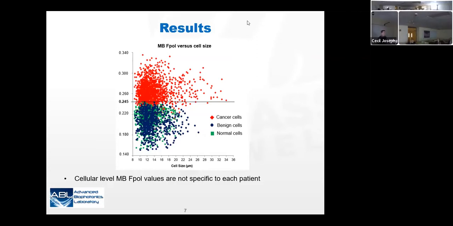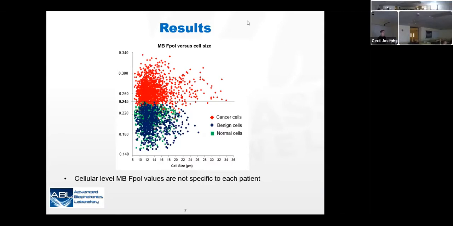It's a cancerous sample, but it's not thyroid cells. And I asked Peter, can you take a look at the fluorescence polarization of these particular cells that are not thyroid? And the bigger one was something like a macrophage. A macrophage, yeah. And the fluorescence polarization was lower than the threshold.